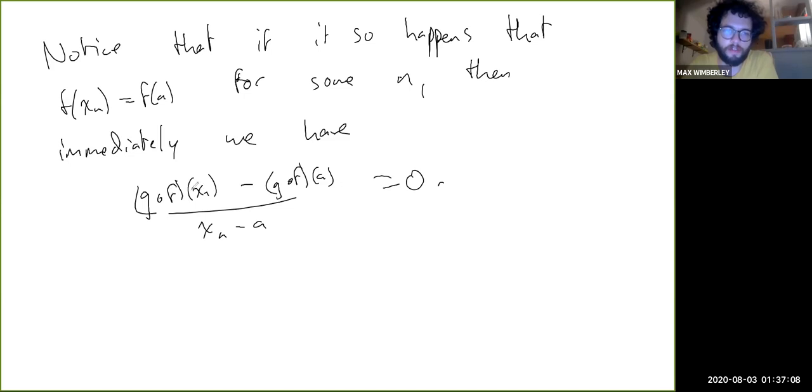Because this is just g of f of xn minus g of f of a, but f of xn equals f of a. So the numerator is just 0, for values where this happens.